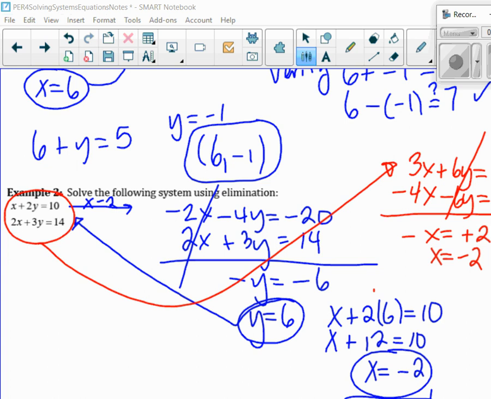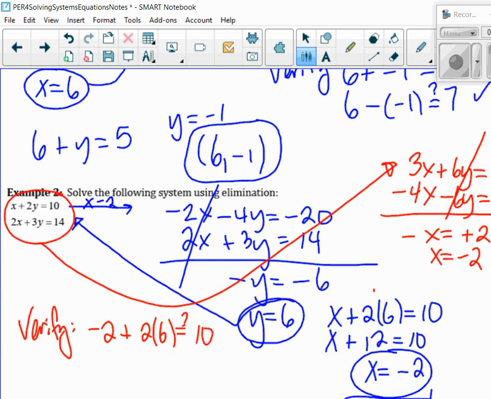I'm going to verify my solution then. So here's my verify. My x was negative 2, y was 6. So negative 2 plus 2 times 6, does that equal 10? So that's 12. Negative 2 plus 12, yep. Remember, you've got to check both.